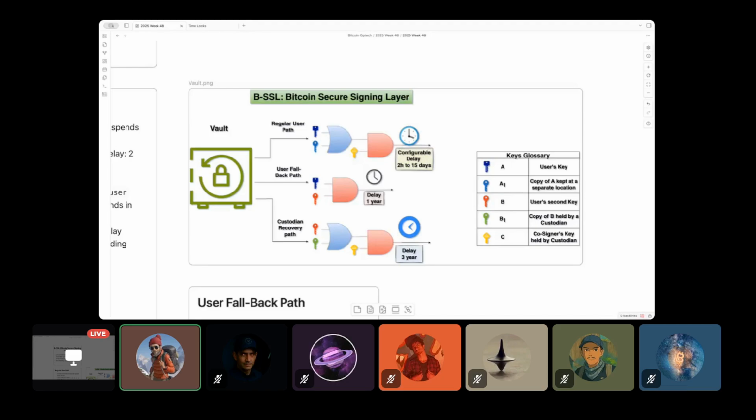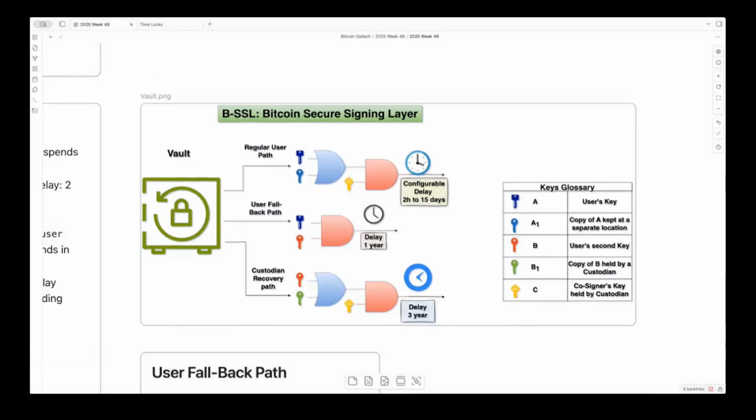So if he has lost A and A1, then he can use his second key, and along with the custodian's help, he can spend this, but after a 3-year delay. So this is called the final recovery path. This is to address the case where the user loses all his keys. So just the two custodians can help recover the funds for the user.